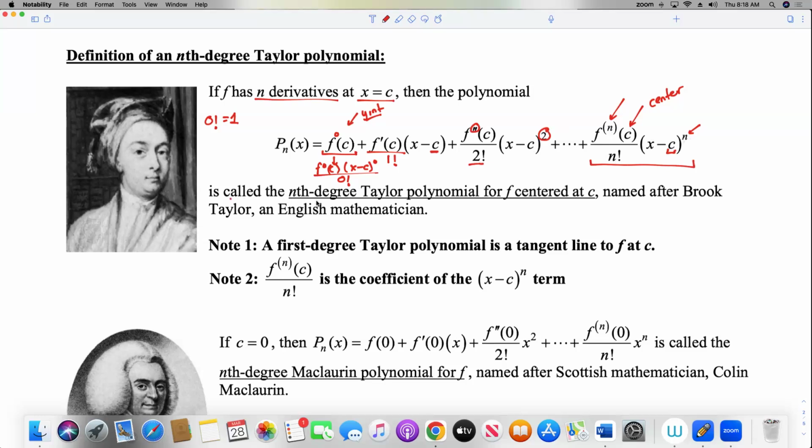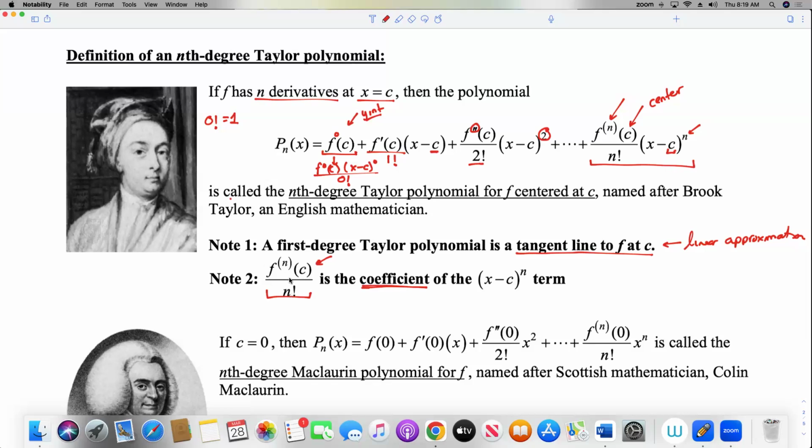This is called the nth degree Taylor polynomial for f centered at c, named after Brook Taylor, an English mathematician. Note, a first degree Taylor polynomial is a tangent line to f at c. This is what we did when we were doing Taylor approximations. And then this part of the Taylor polynomial is a coefficient because we will be cleaning this up, right?